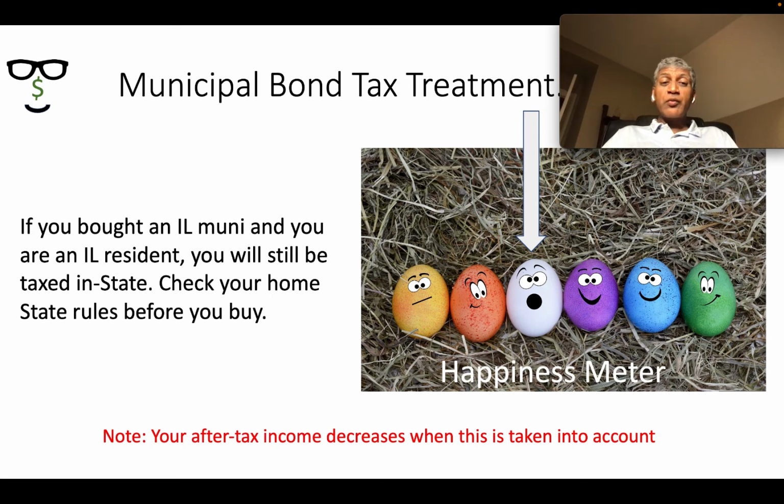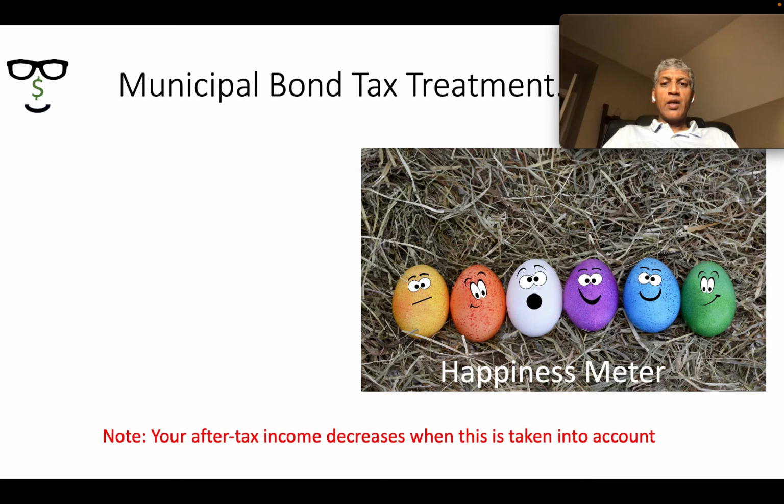So overall, this looks pretty good in many states. Illinois is not one of them, as I told you. Please check your home state. There are other states where you do get state tax exemption if you bought an in-state bond. So that is something you want to check on. Illinois is not one of them.